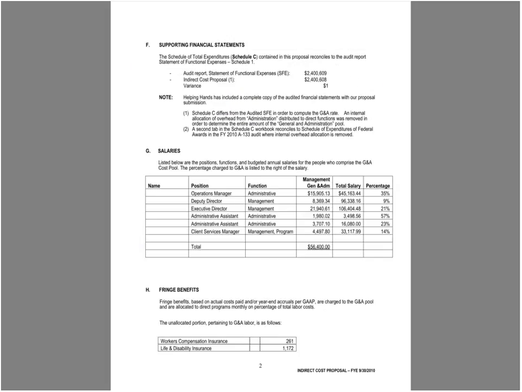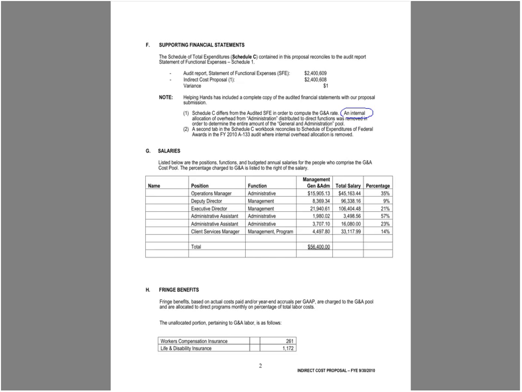Notice again at the top under F, the first thing we're doing is we've reconciled the total submission cost to the total audited report statement of functional expenses. Okay, there is a little thing here too, if you noticed. And it says, right here, an internal allocation of overhead from administration distributed to direct functions was removed in order to determine the entire amount of G&A expense.